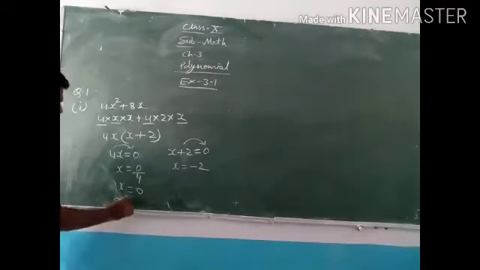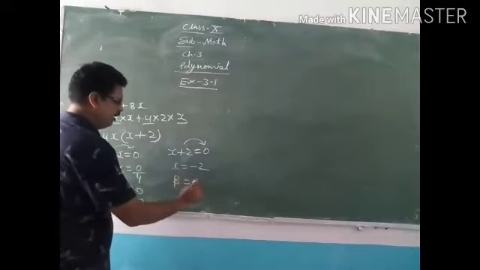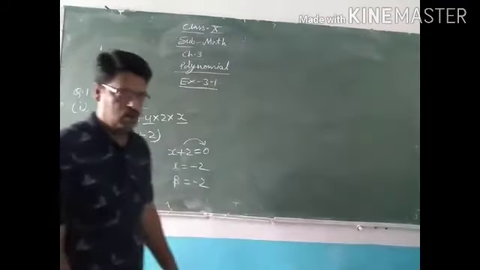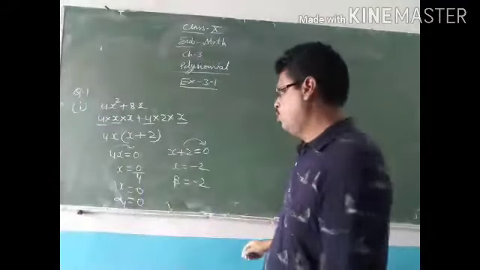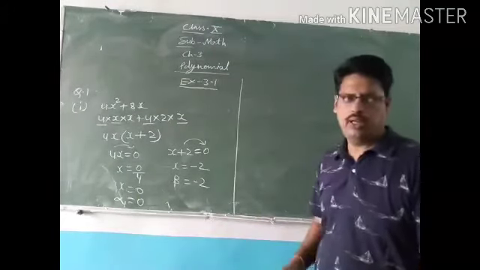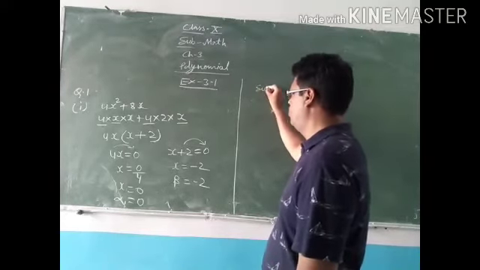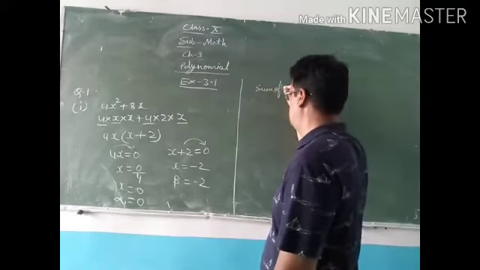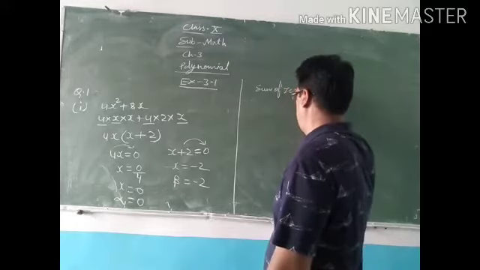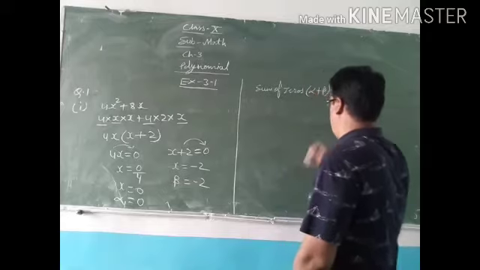So alpha we can consider as 0 and beta also we can consider as minus 2. Okay. Now to find the relation between zeros and coefficients, what we have to do? We have to find the sum of zeros. Okay, so means alpha plus beta we have to find.